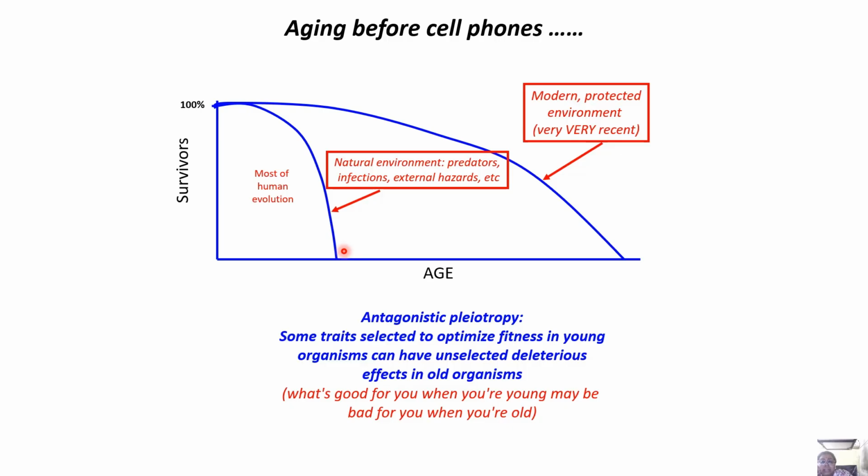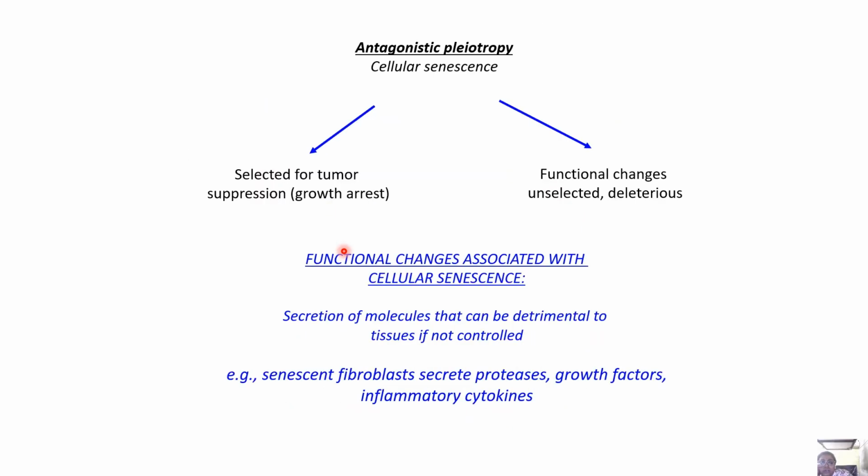There's a term called antagonistic pleiotropy, which means that some traits selected to optimize fitness in young organisms can have deleterious effects in old organisms. So, with antagonistic pleiotropy, cellular senescence is selected for tumor suppression, growth arrest, and functional changes, but not selected for the deleterious changes.